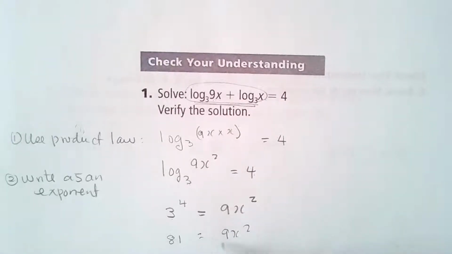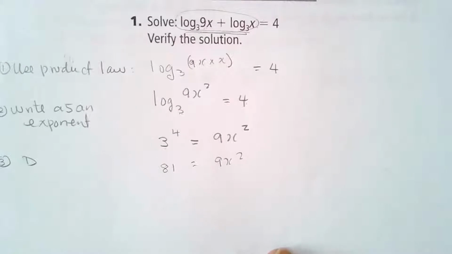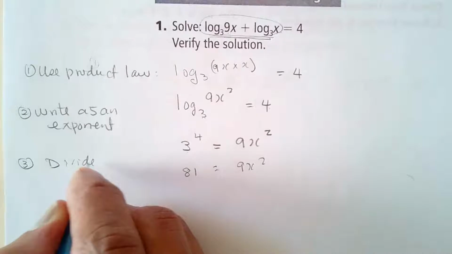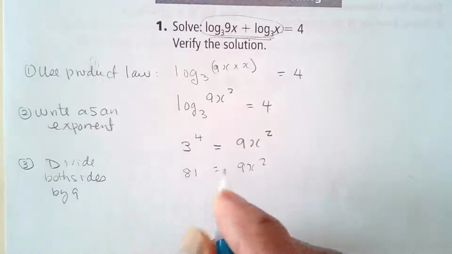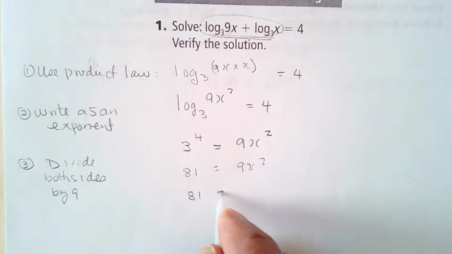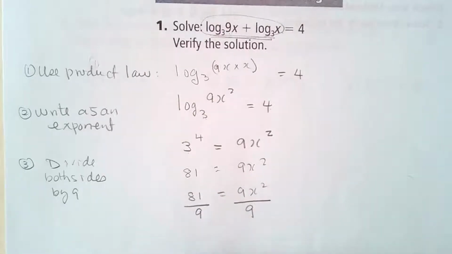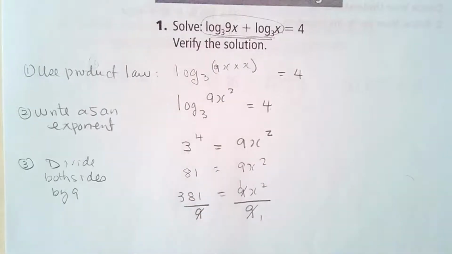Divide both sides by 9 because 9 is a common factor. So you have 81 divided by 9, and we are left with x squared equals 9.